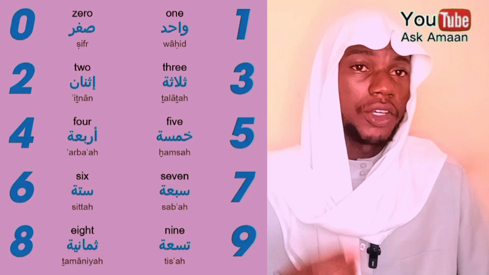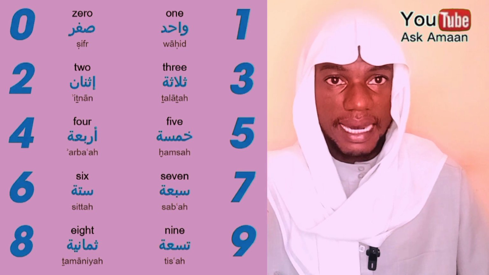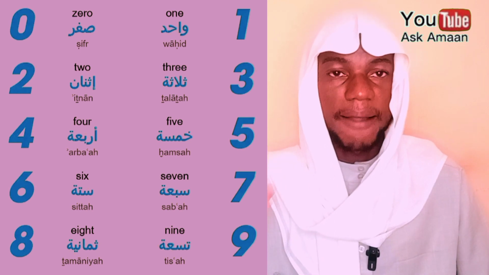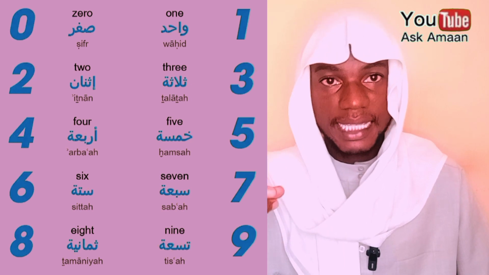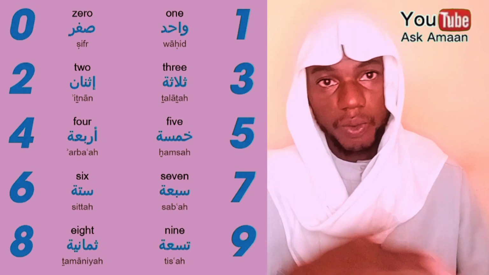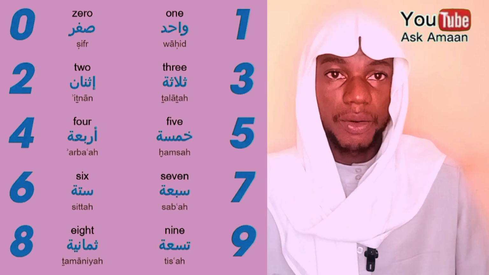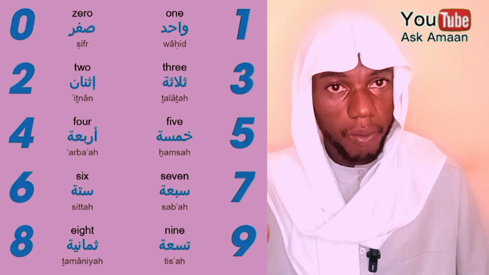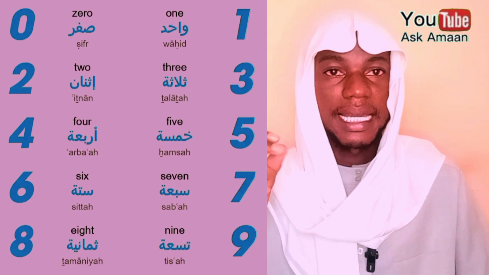So from 1 to 10, 1 is واحد, اثنان, ثلاثة, أربعة, خمسة, ستة, سبعة, ثمانية, تسعة, عشرة. That's 1 to 10. You should know that these numbers have a feminine and a masculine. For 1, the feminine is wahida, while the masculine is wahid.